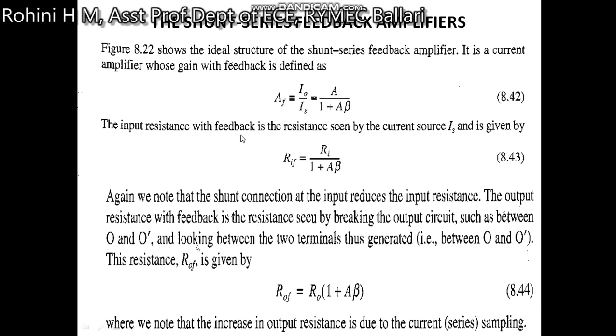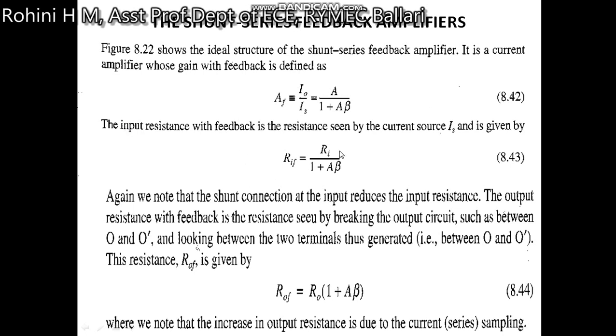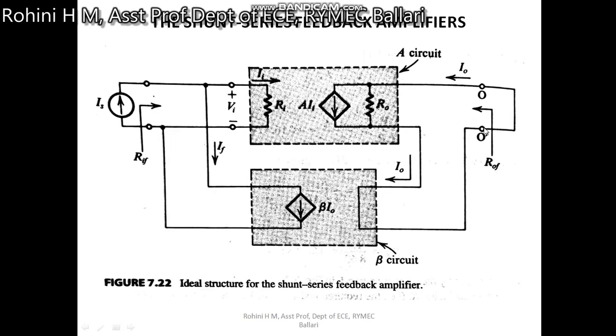Input resistance with feedback is the resistance seen by the source, and it is given by RIF, the resistance looking into the network from this port, and it is Ri divided by 1 plus A beta. We can observe that the resistance is reduced because it is divided by the feedback factor, while ROF is the output resistance looking into the network from the second port.